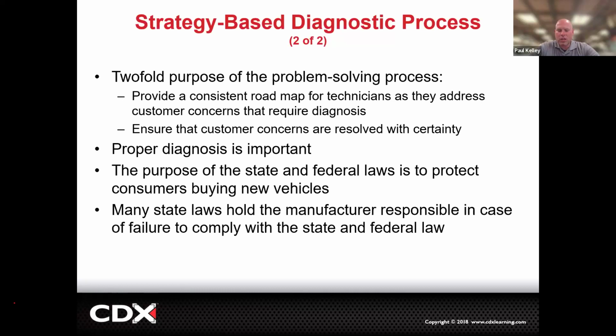The stopwatch starts, and every day that customer is without that vehicle, it makes it further and further difficult for the manufacturer to win in court if they go to court for lemon law. Makes sense? So if it goes to lemon law and the customer's like, yeah, it was in service for 28 days, it's getting bought back. Even if it was for something stupid.